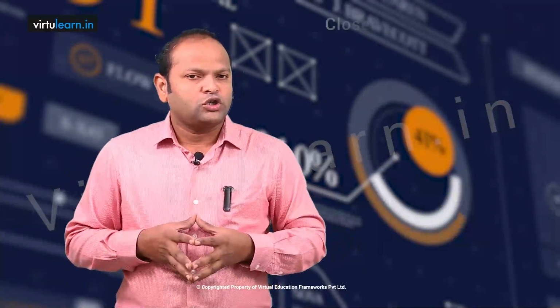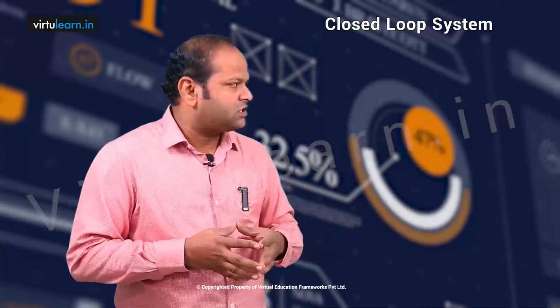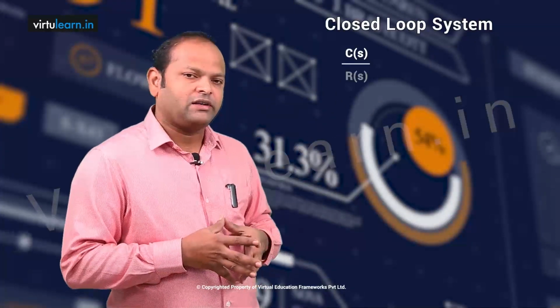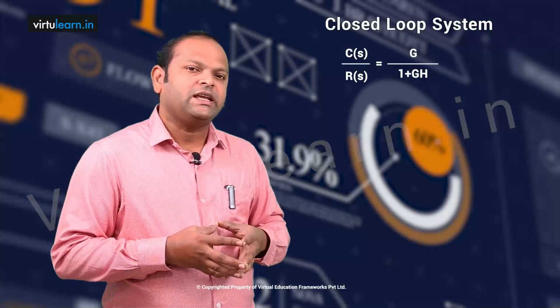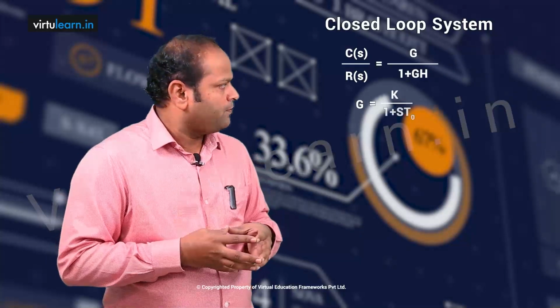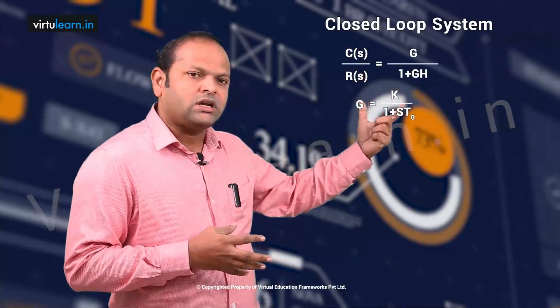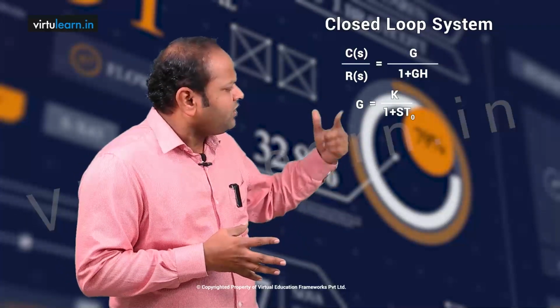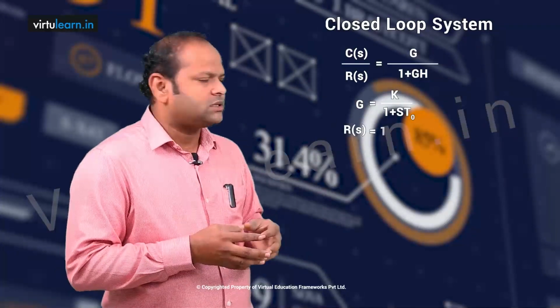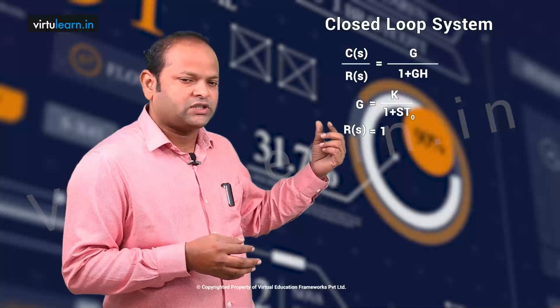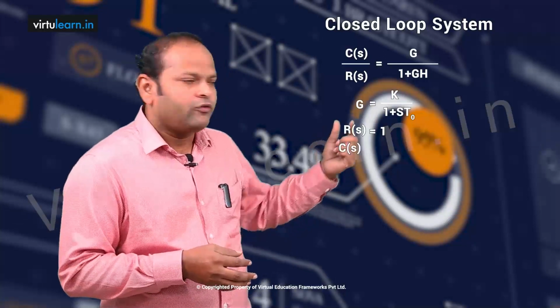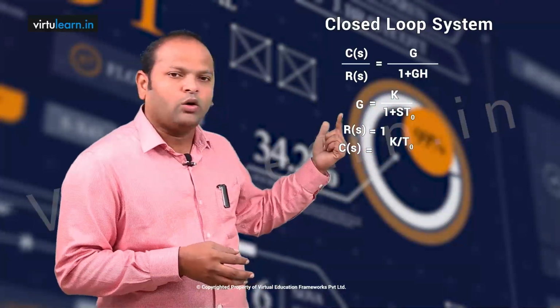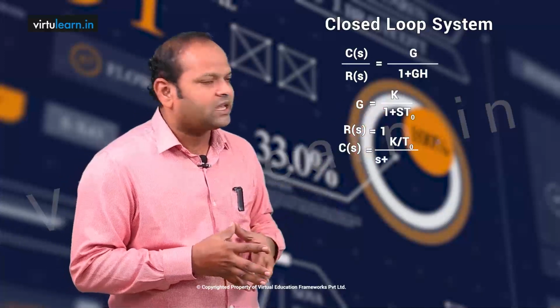Similarly, for a closed loop system, we know C(s) by R(s) gives the transfer function, where G is k by 1 plus s tau. R(s) is equal to 1 for impulse. Then we write C(s) as k by t naught over s plus 1 plus k by t naught.